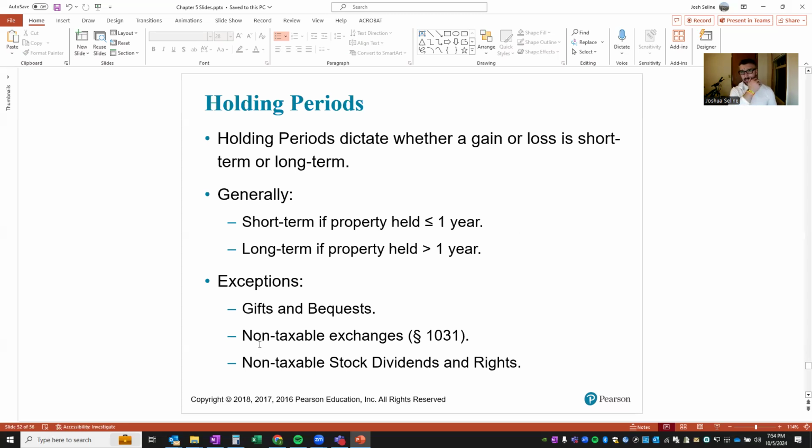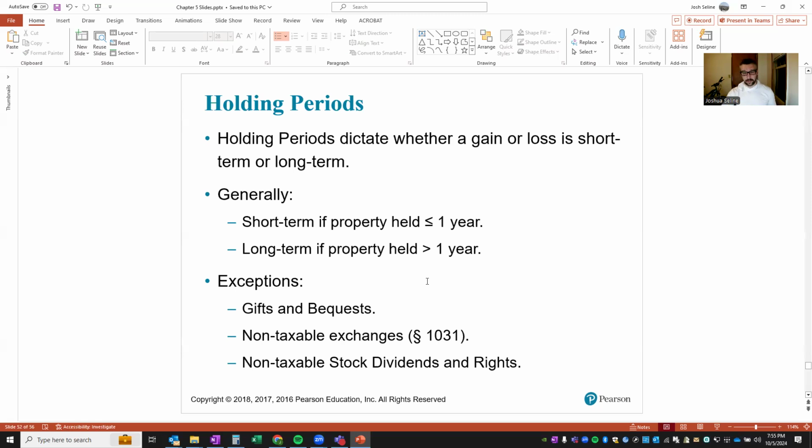Non-taxable exchanges, section 1031. That's if I have a piece of property, let's say I've got this building that I purchased for $100,000, and this guy over here has a building that I want. I can trade with him, and that's not taxable.